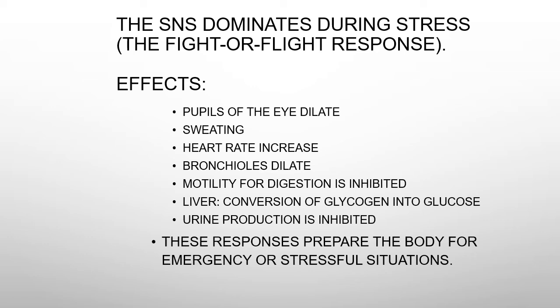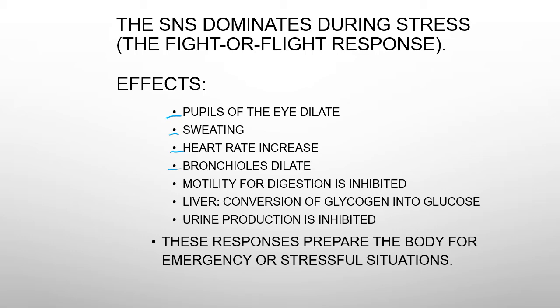We're going to need to get as much information in as possible, so we get pupillary dilation. We're going to get sweat, especially in those nervous areas, the palms, the hands, soles of the feet, our forehead, things like that. Increased heart rate. Get oxygen in by dilating the bronchioles. And then we're going to do our inhibitions.